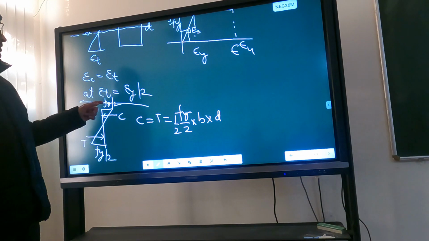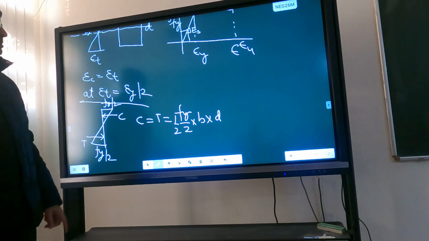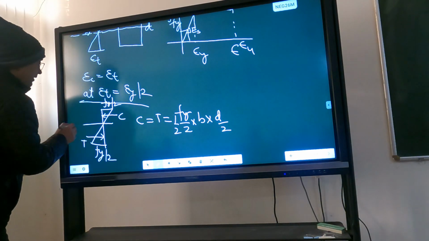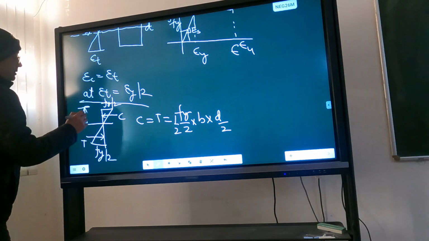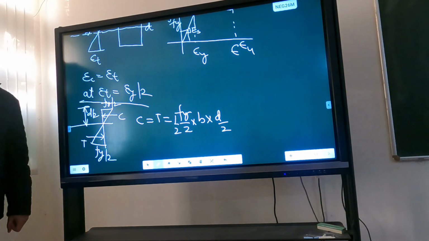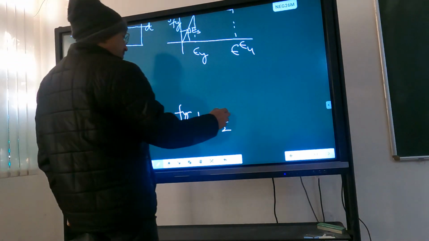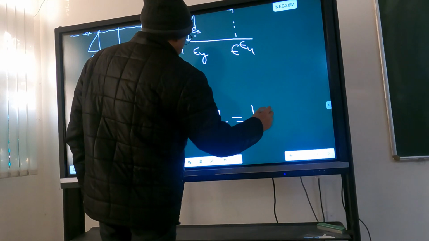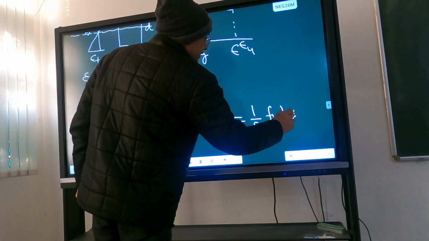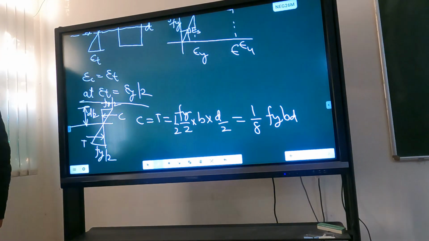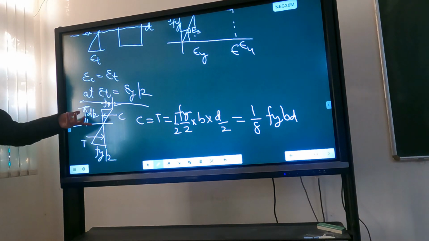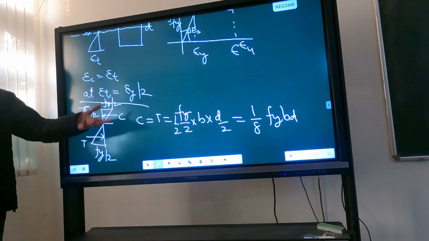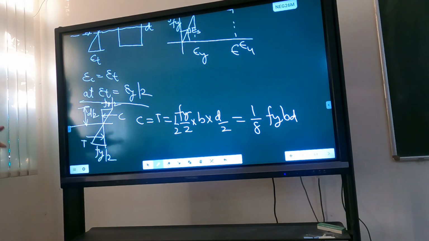So Fy by 2 is the stress, and another d by 2, because this height is d by 2. So I can say that it is 1 by 8 Fy b d. So that is the compressive force. And both triangles are same, so C and T are going to be equal.